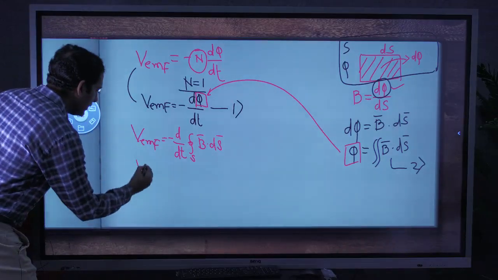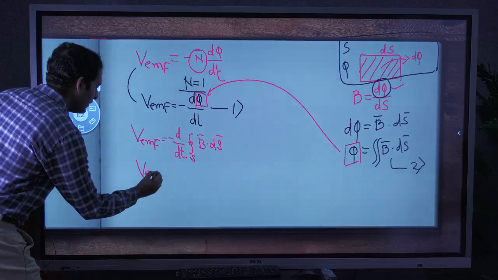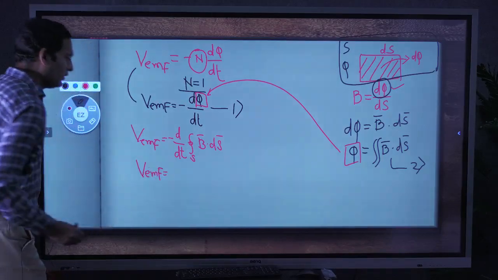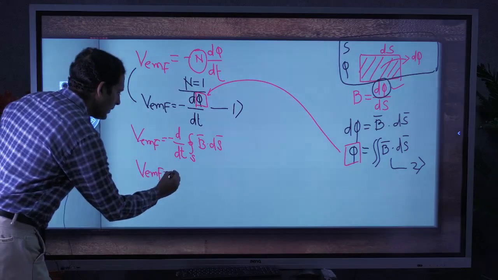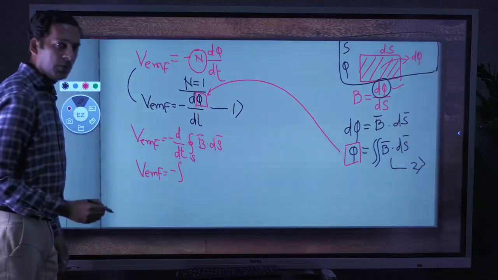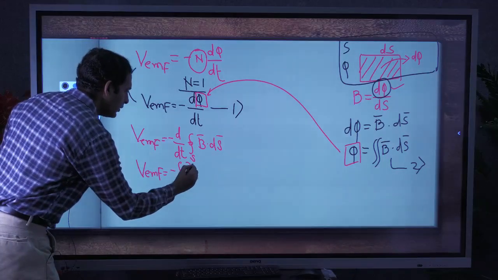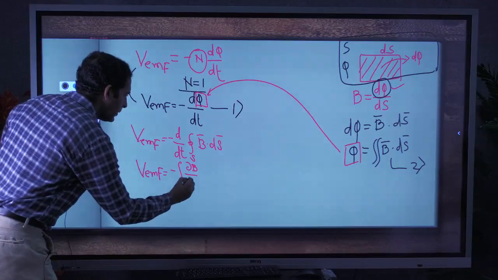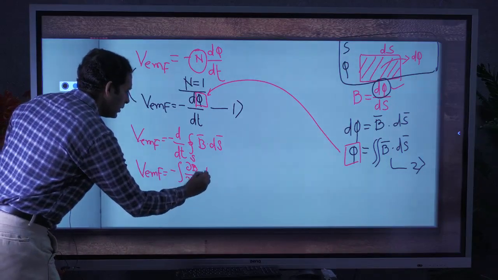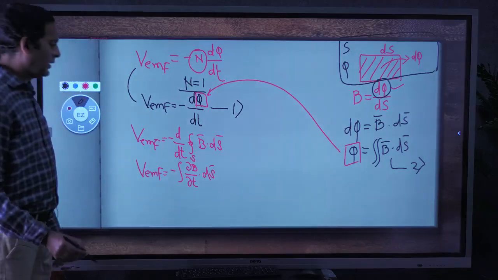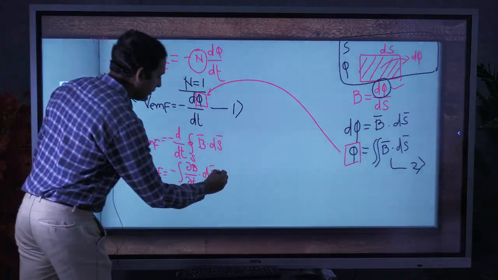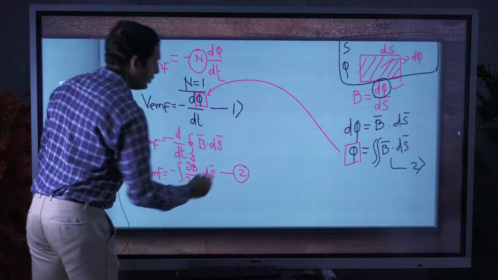So if we can further modify this V EMF, it will be equal to minus of closed surface integral, inside that we will get say dou B by dou t dot ds bar. So this is our equation number 2.